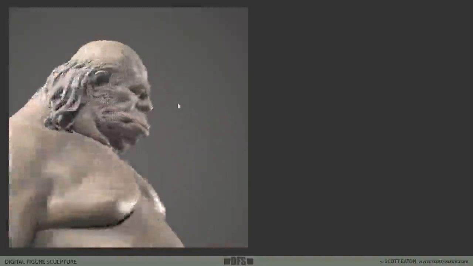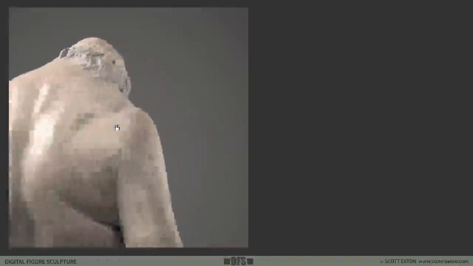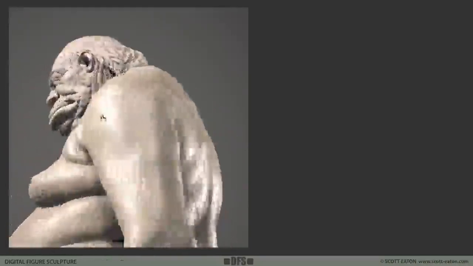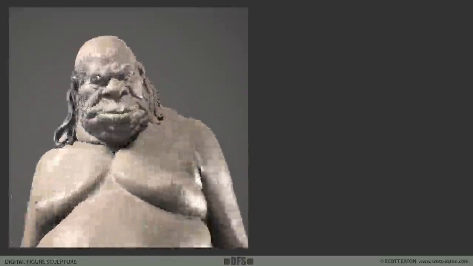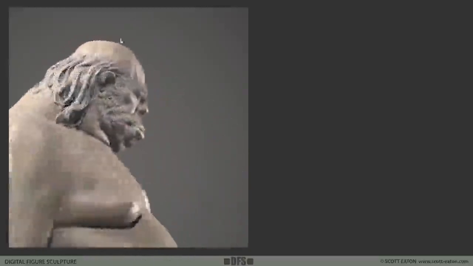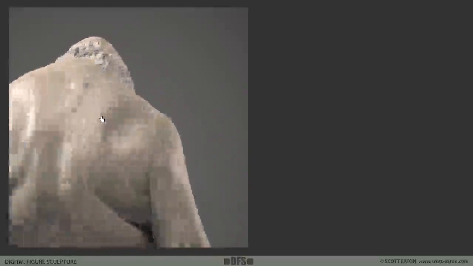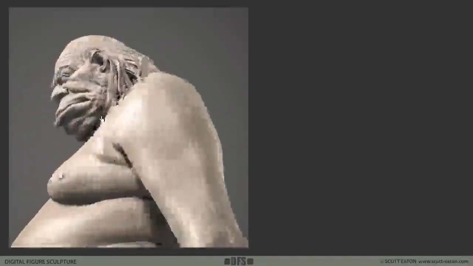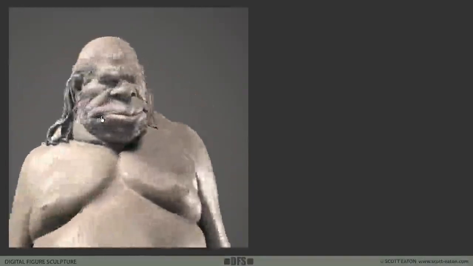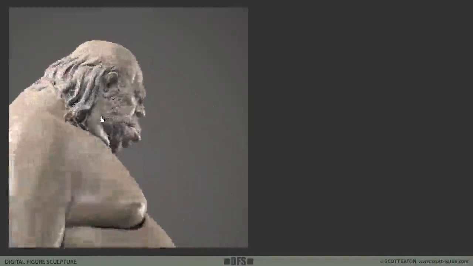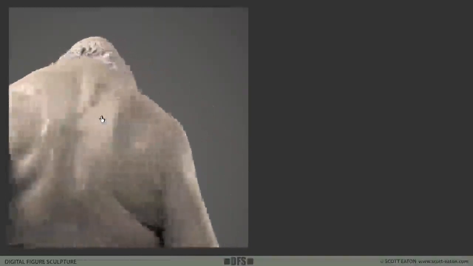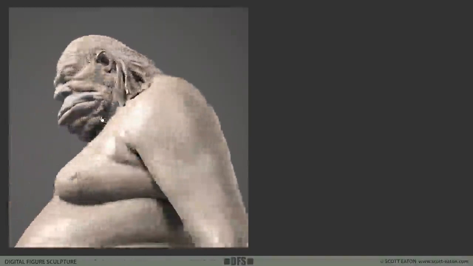As he rotates around, you can see that he's not believably human in any respect. He has a lot of the defining characteristics that make somebody human, but just distorted. And that's the secret to good caricature as well, that you ground everything in reality, and then you distort, right?